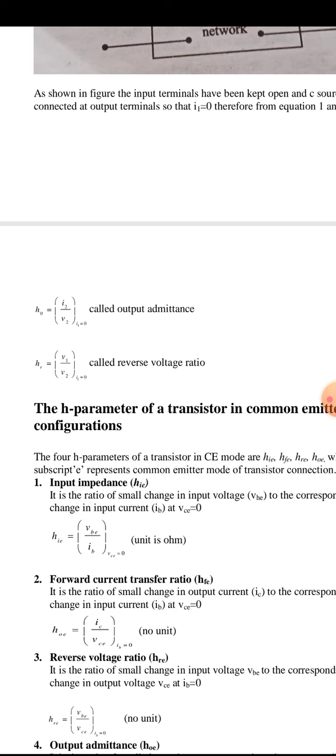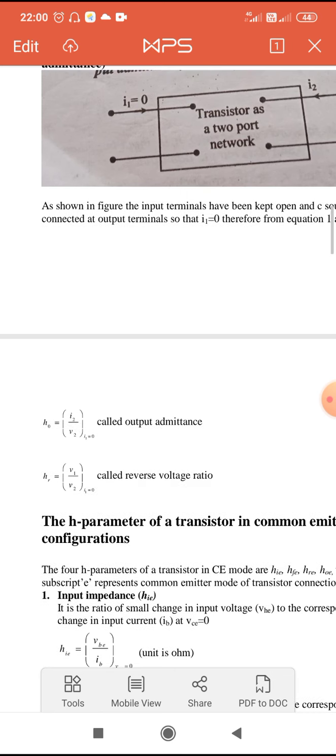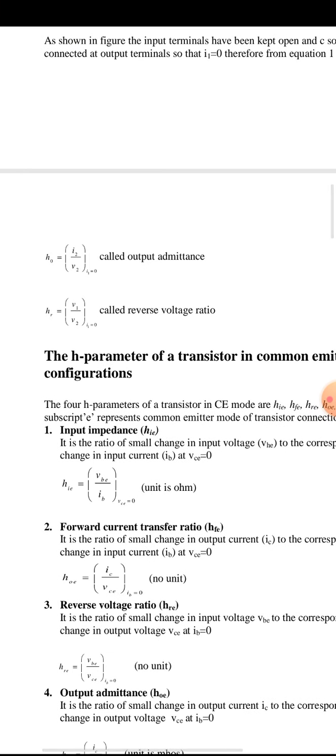First of all, calculate the input impedance. Input impedance means HIE: the ratio of a small change in input voltage to the corresponding small change in input current. Which side is the input in common emitter configuration?